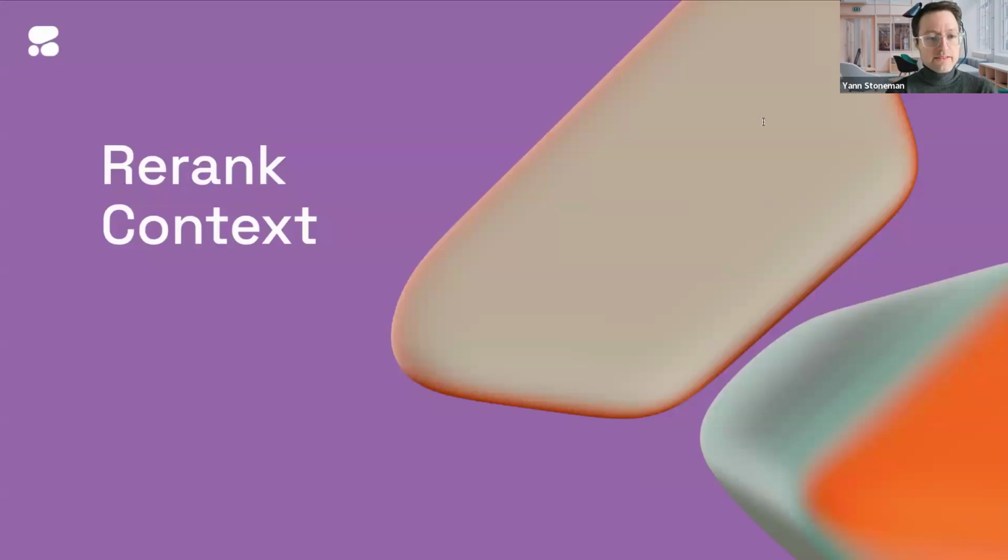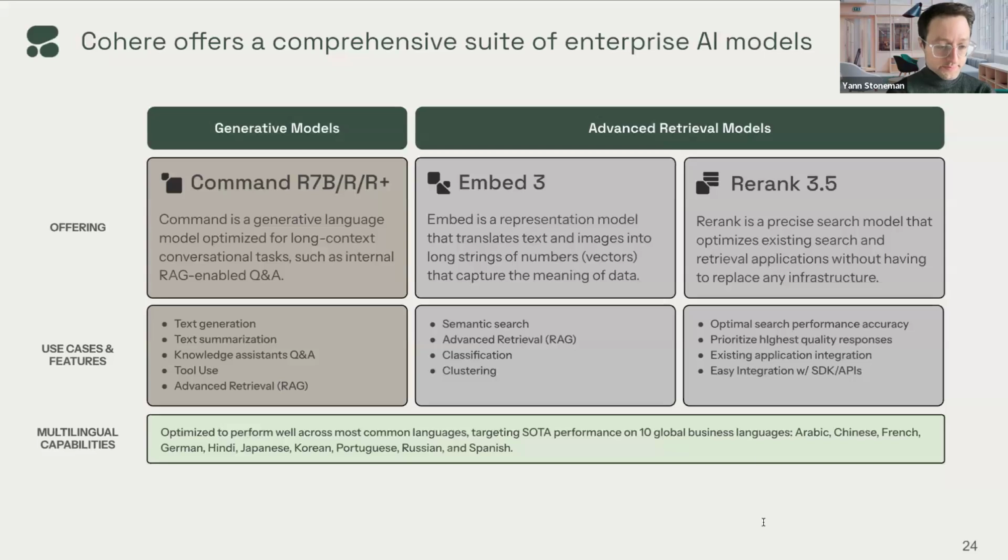And let's look at where this fits in the context of Cohere's stack. So we also offer generative models, and we just released a 7B model a month ago, and embedding models, and Rerank 3.5 came out in December.